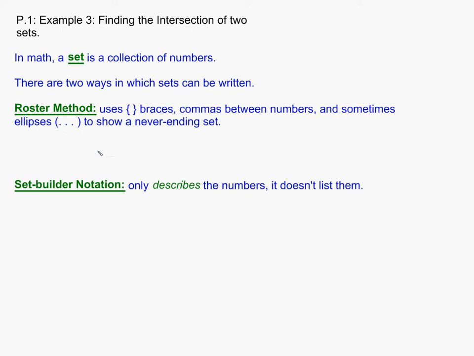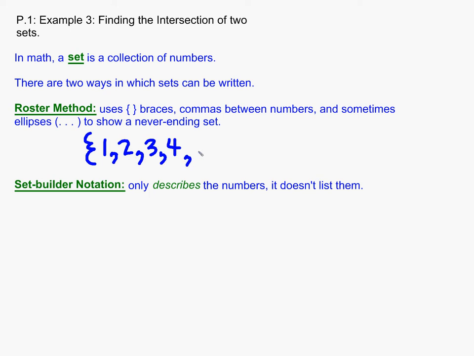So for instance, if I want to show the counting numbers 1 to infinity using the roster method, I would start off with a curly bracket. Then I would start listing my numbers. Remember, the roster method lists numbers. I can't list all the numbers from 1 to infinity.